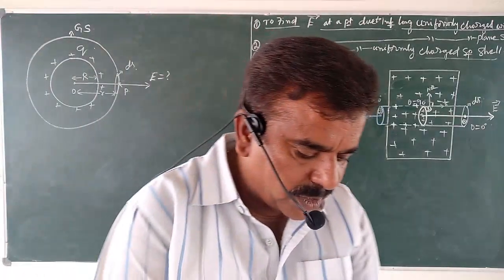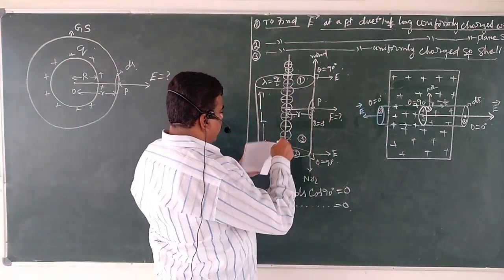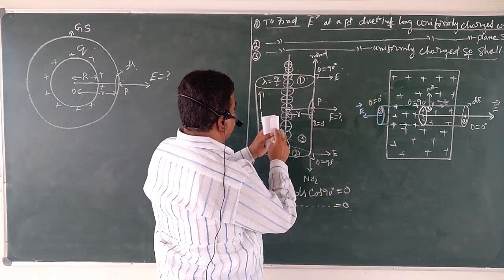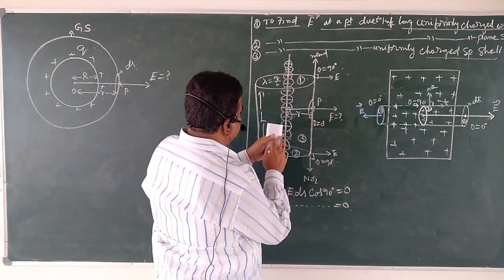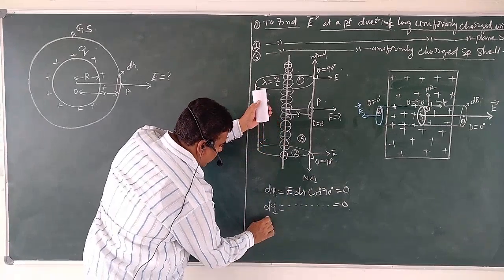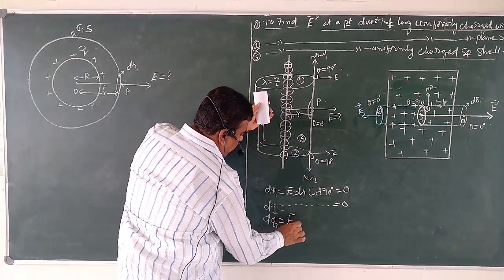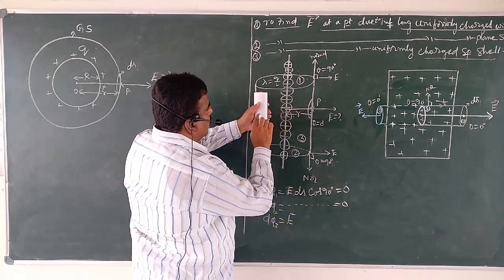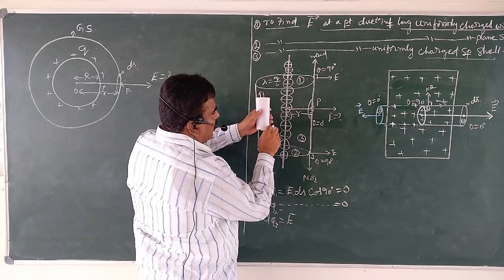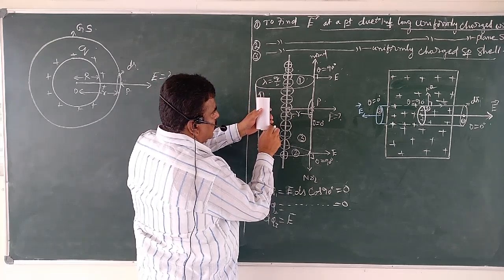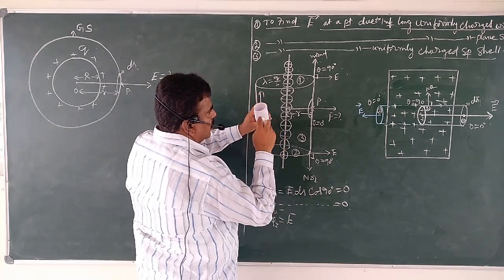Now, through the curved surface, what is the electric flux? dφ3 equals E times the area of the curved surface. What is the area of the curved surface? This is a circular surface.